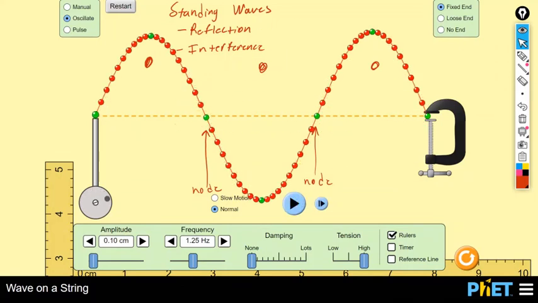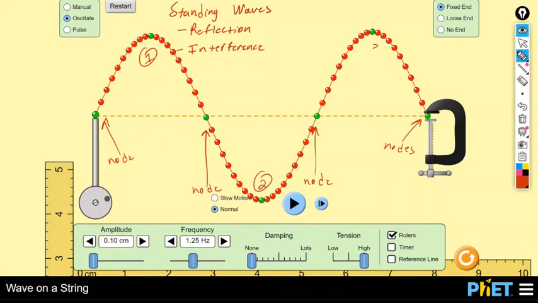And there we go. I paused it so you can see them clearly. We have 3 antinodes, and how many nodes? Not 2, we have 4. Because remember, these are also nodes. And we have 1, 2, 3 antinodes. This is the third frequency, the third highest frequency that will give us a standing wave. This is called the third harmonic frequency.